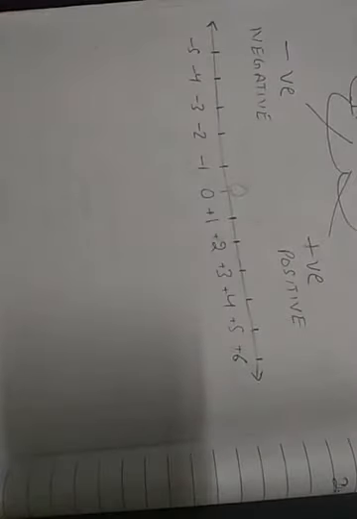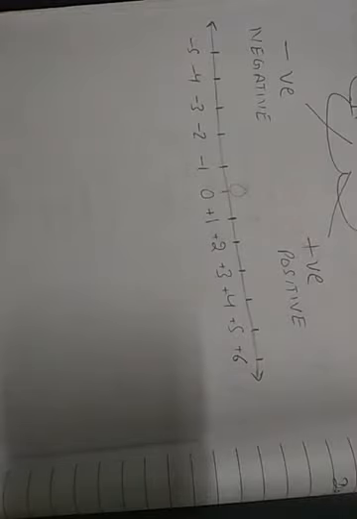First of all, if you multiply positive integers any number of times, the answer will always be positive. So there is no problem with positive integers. The problem arises when negative integers come into the multiplication. For that you have to keep one thing in mind.